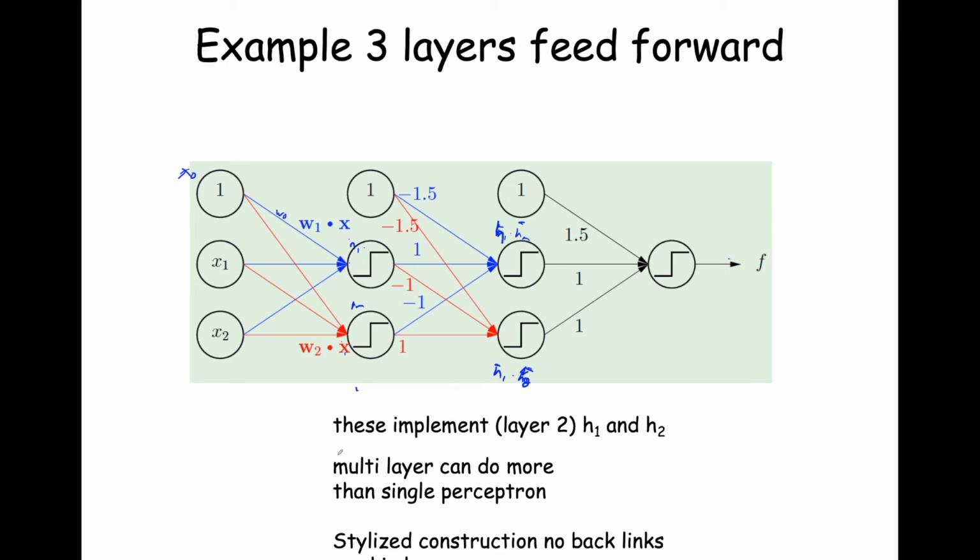And so with multiple layers, you can do more to shatter a data set than with a single perceptron. And so when you construct them, they're in a stylized fashion. There are no backward links, and there's no skipping layers. So we don't skip from this input past that first layer to the next one.